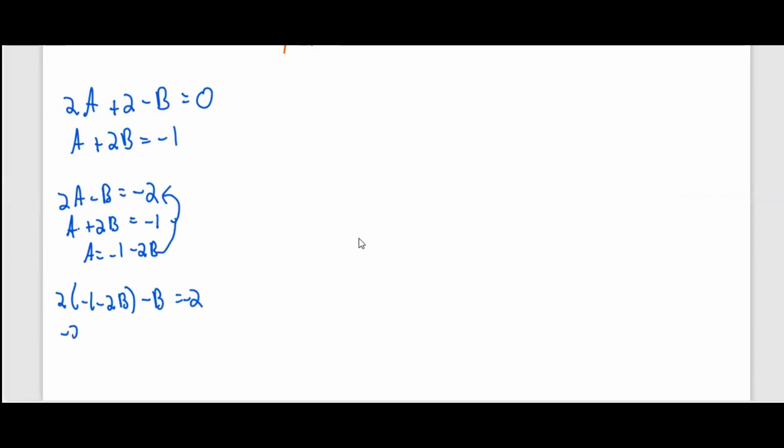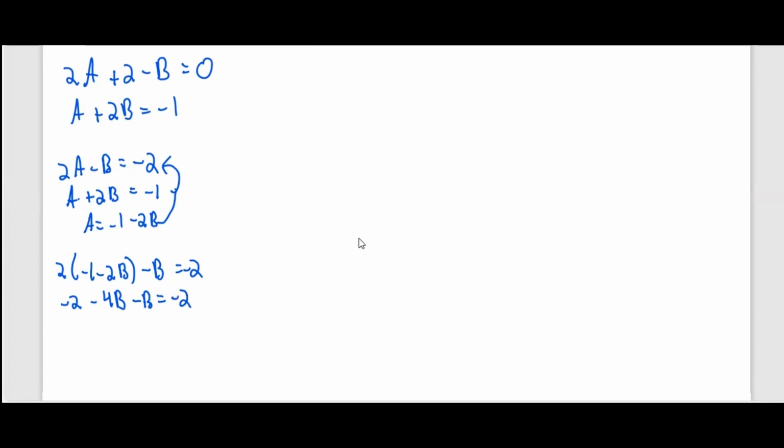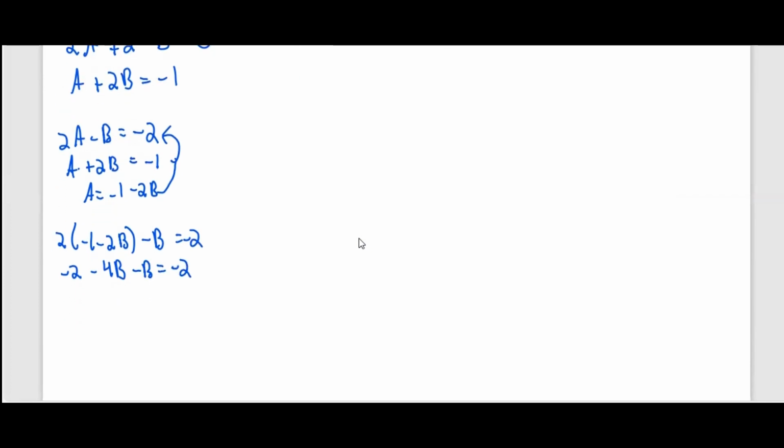So expand: minus 2 minus 4b minus b is equal to minus 2. Simplifying, you have minus 5b minus 2 equal to minus 2. So you end up with minus 5b equals minus 2, you get plus 2, so it'll be 0. So b will equal 0. Yeah.